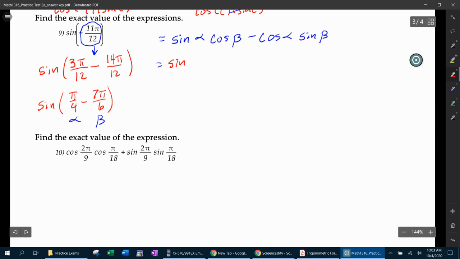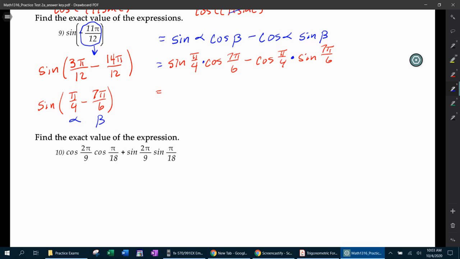Sine of alpha is pi over 4. Cosine of 7 pi over 6 minus cosine of pi over 4 sine of 7 pi over 6. And now it's time to go to the unit circle. Sine is y.